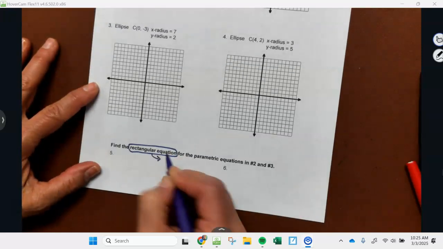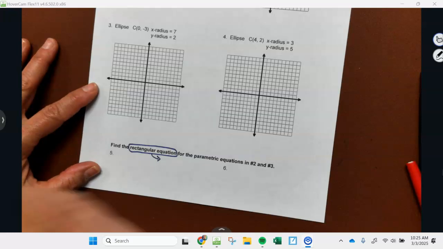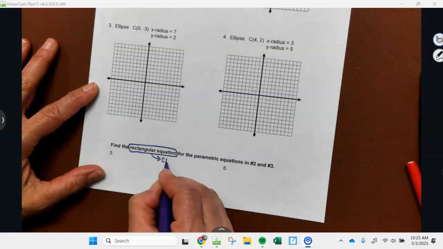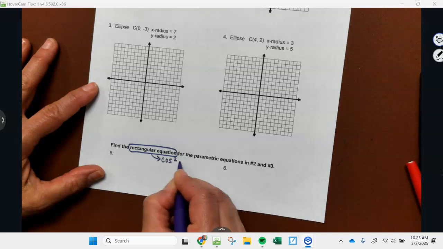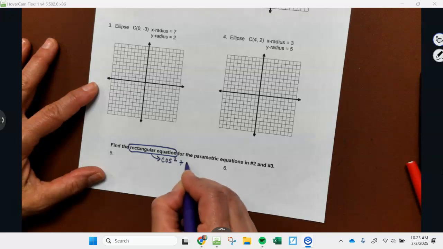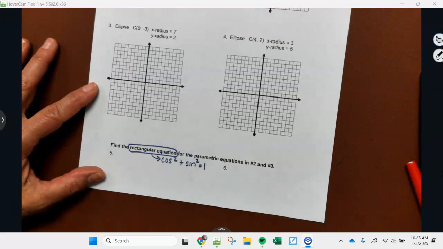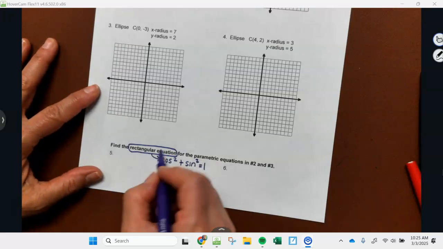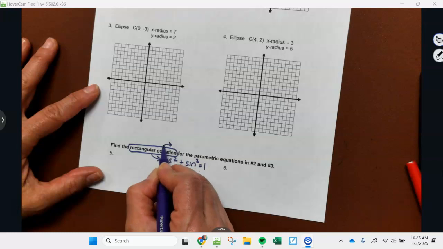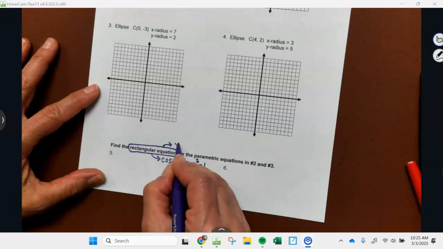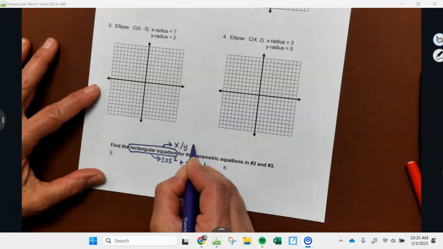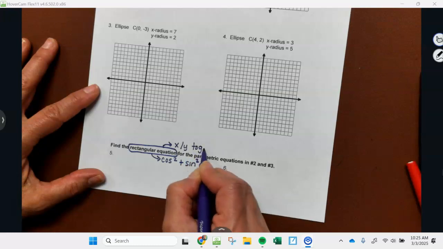And if cosine and sine are involved, then you are always going to have to use this identity to convert it to rectangular form. You have to use that. And just one more little reminder, rectangular form has x and y together in one equation.